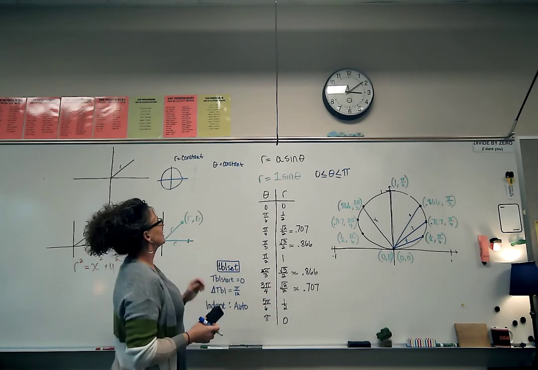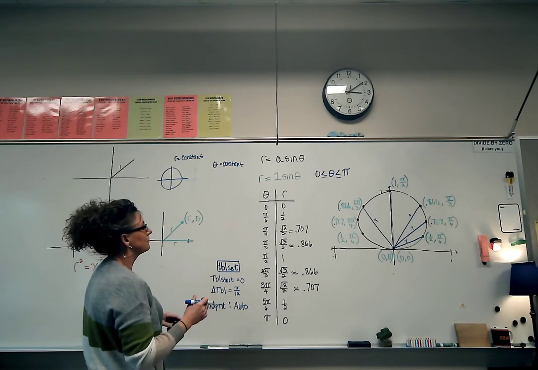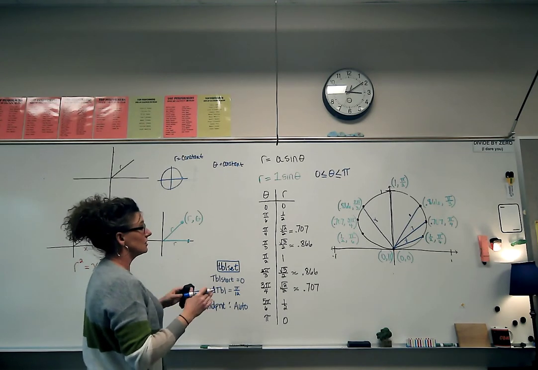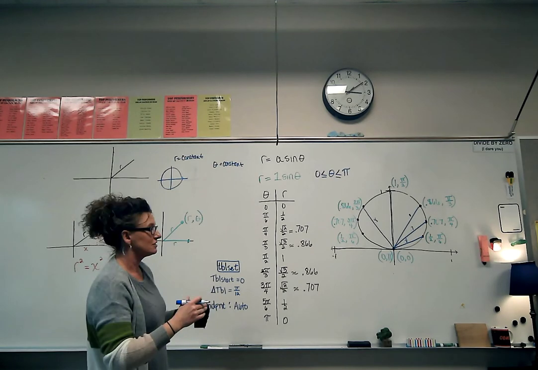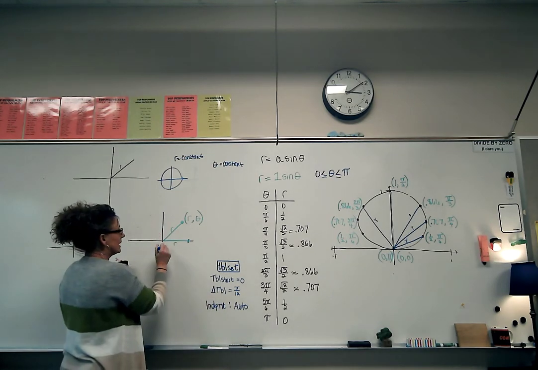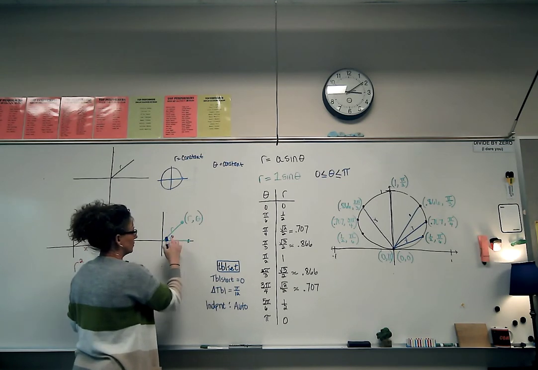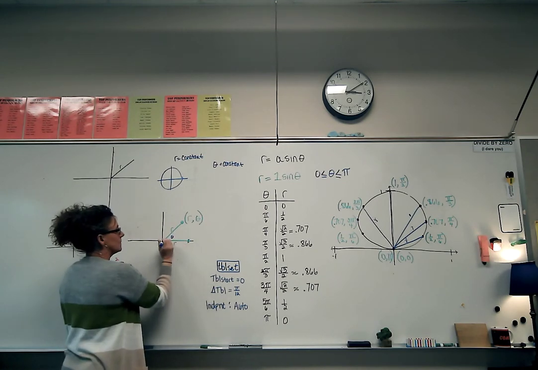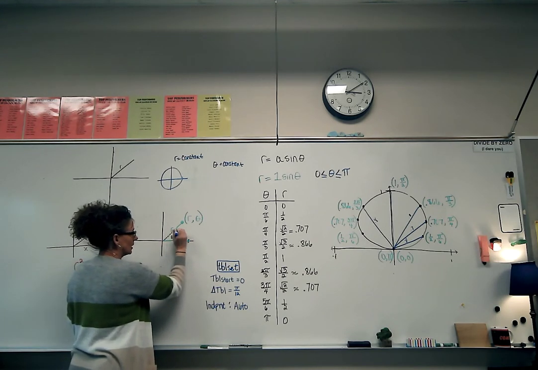What if theta is a constant? This time, it means theta is a constant. R can be anything, but theta is a constant angle. Here's what that means. If R is positive and we have this theta measurement, R can be any length along here.